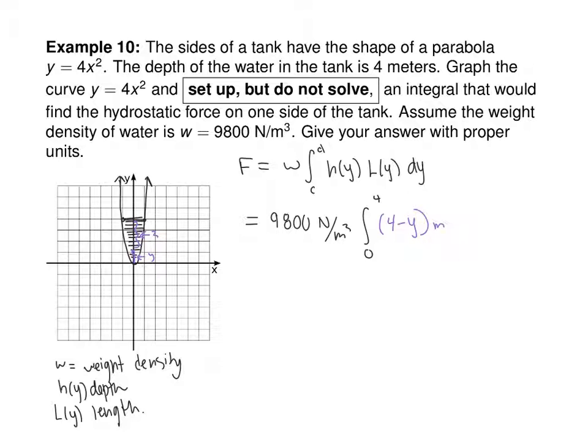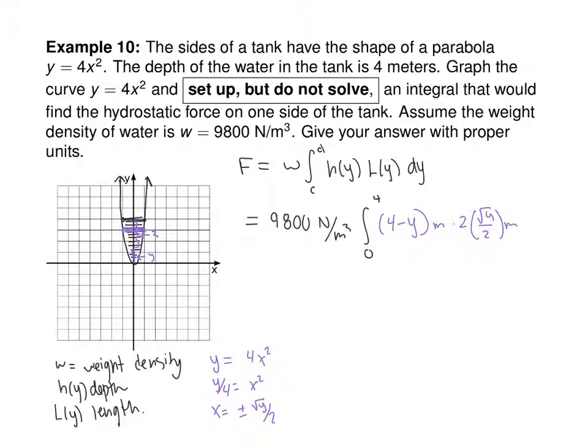The length of a slice, that's how wide these slices are, because the force is approximately constant on those little bitty slices. Well, we know that y is equal to 4x squared. So y over 4 is x squared, and therefore x is plus or minus root y over 2. So the distance from the y-axis over is one of those positive root y over 2's. We have 2 times root y over 2.